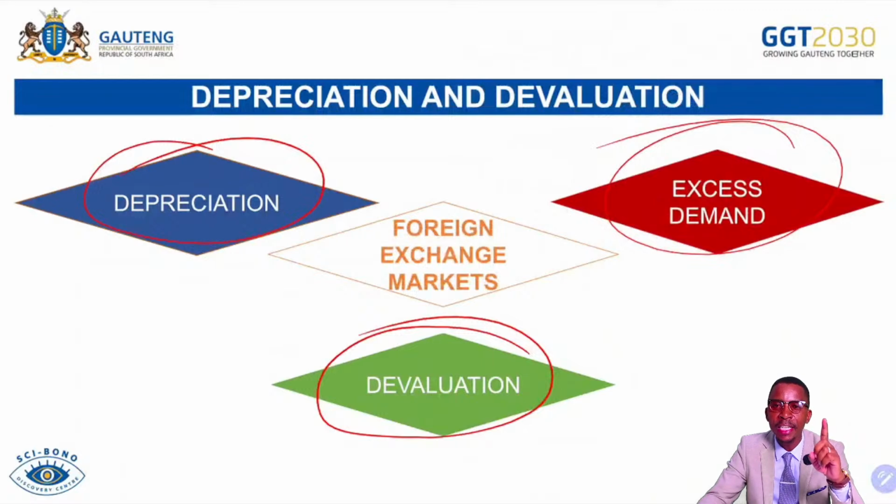A too strong currency is bad because it might lead to our exports becoming too expensive abroad, so there will be lower demand for them, resulting in less productivity within the country. And a too weak currency is also bad for the nation because it results in our exports becoming too cheap and selling at a lower cost than the cost of production. So it is important for us to obtain exchange rate stability as a country.